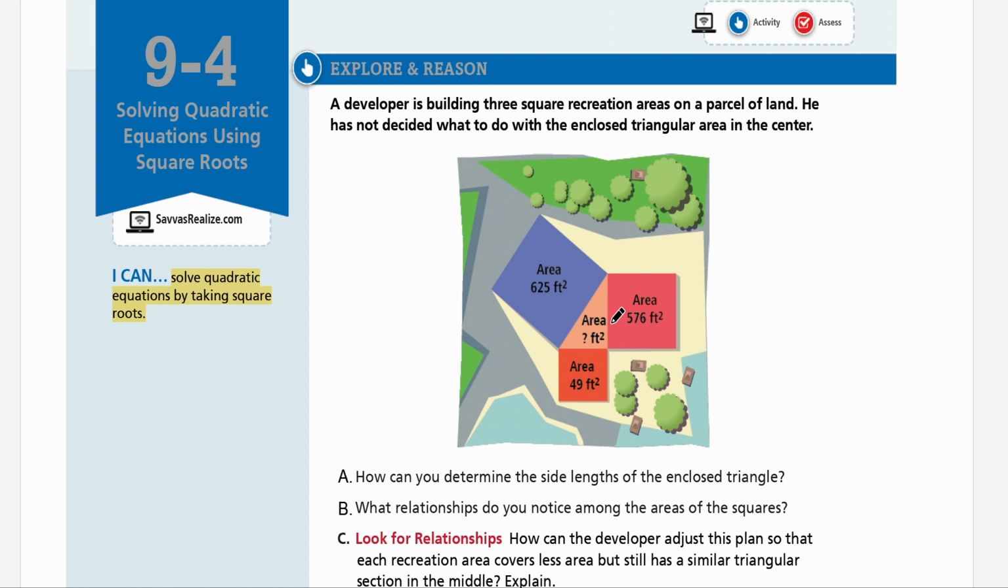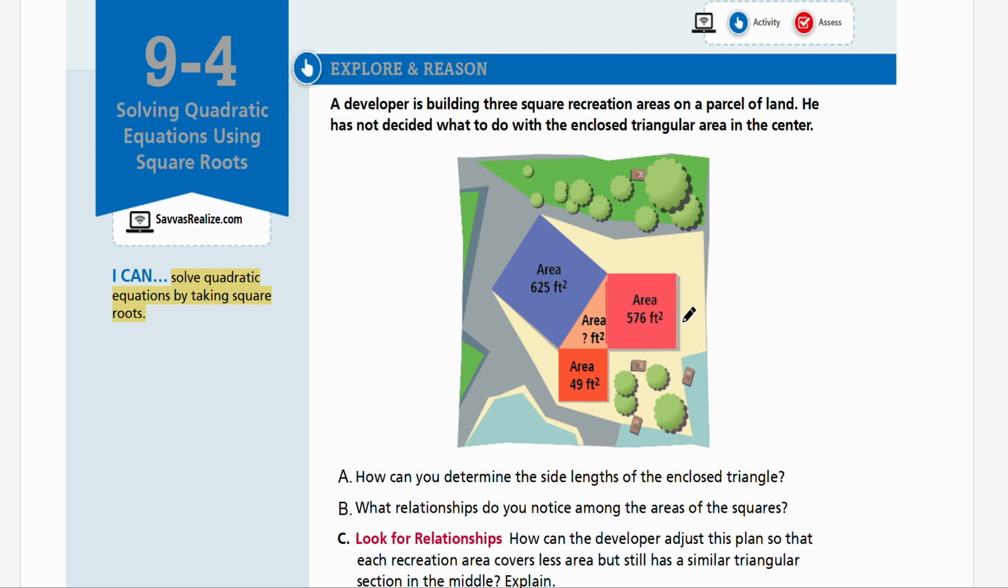Otherwise, it would be very hard for the design to become real, like other people need to be able to actually construct it using the design. So how can you determine the side lengths of the enclosed triangle would be the first question that you would want to ask yourself.